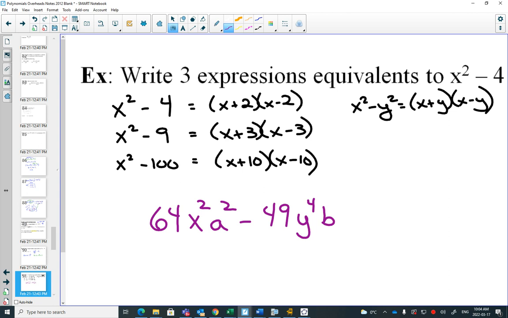Pick an even number. 8. Okay, what do you think this one's equal to? Maybe I have to make it a little wider because it'll be big. 8, good. Yes.